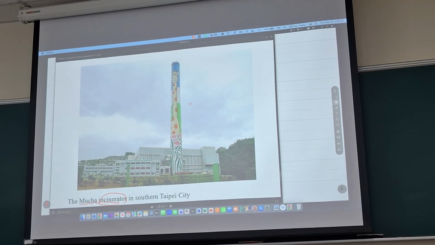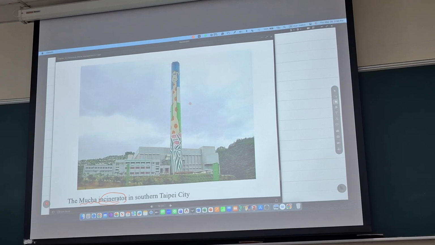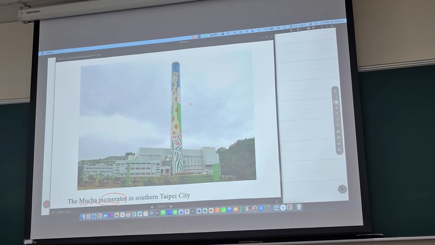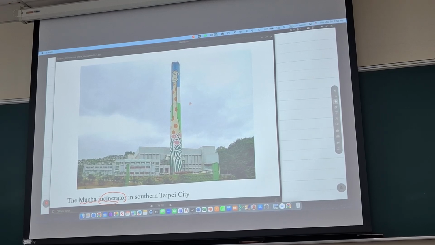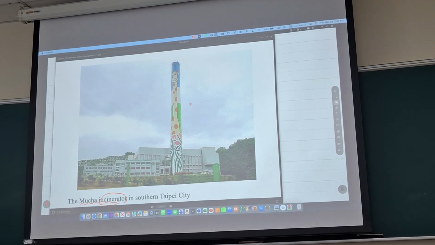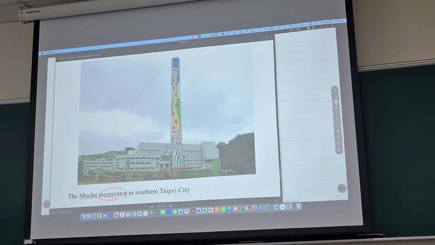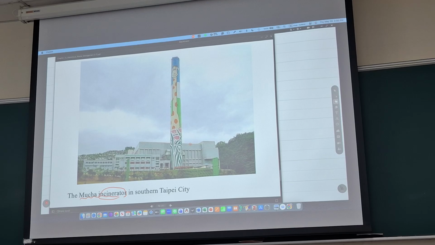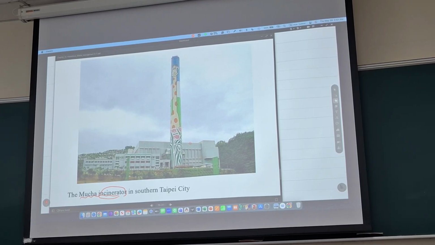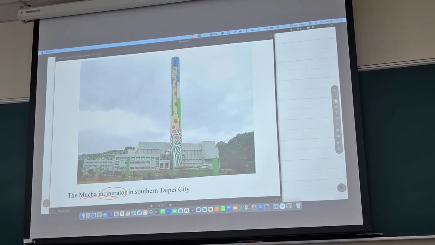If you have, please raise your hand. This is the incinerator, not a totem of the Muzha Zoo. This is the Muzha incinerator, the furnace. Before you leave Taiwan, I suggest you visit Muzha.